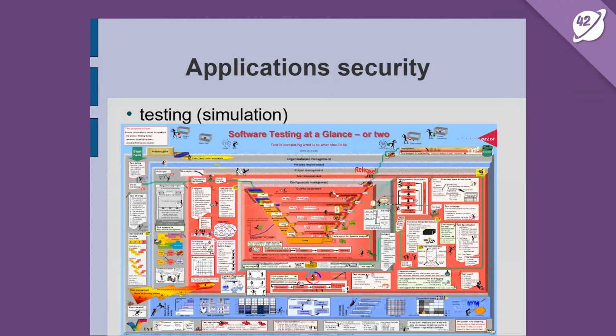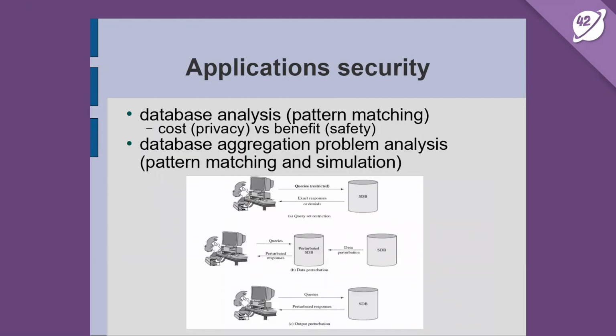Now, in terms of application security, testing of our increasingly complex applications is a non-trivial task, and one where quantum computers will definitely be able to assist us and give us better information. Database analysis, again, the pattern matching capabilities will help us.